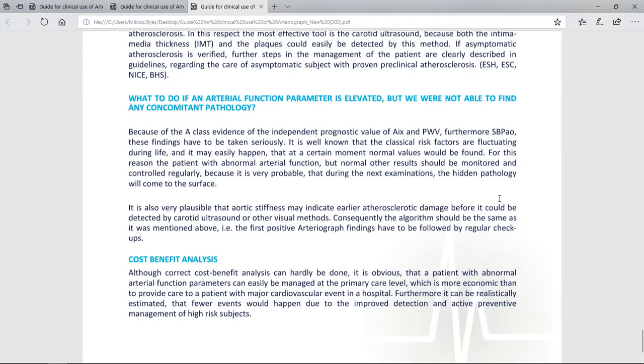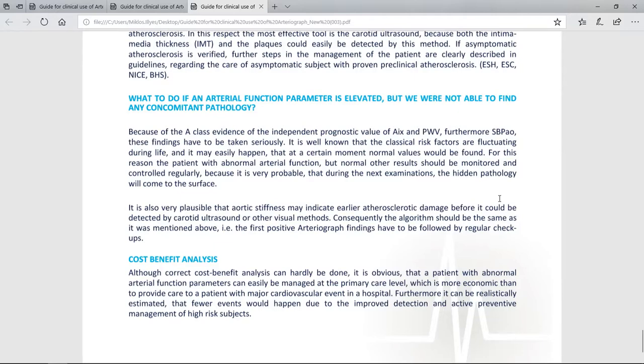It is well known that the classical risk factors fluctuate during life, so it may easily happen that at a certain moment during the measurement, normal values would be found. For this reason, the patient with abnormal arterial function but normal other results should be monitored and controlled regularly, because it is rather probable that during the next examination the hidden pathology will come to the surface.